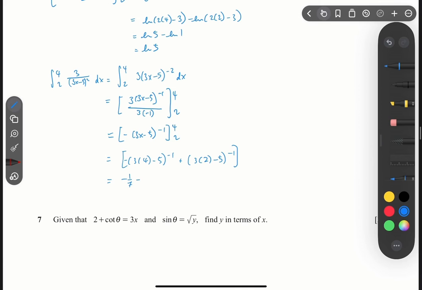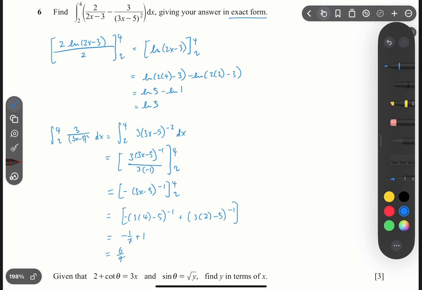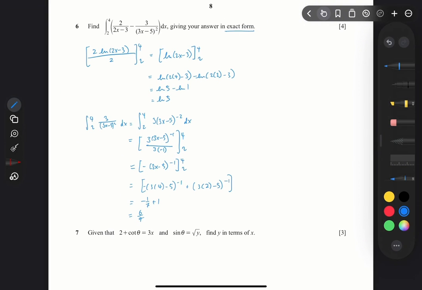When you key into the calculator, you should get this answer. Okay, so now that you have the integration of both parts of the question, you can just combine them and it will be ln 5 minus 6 root 6 over 7. So this is the answer.